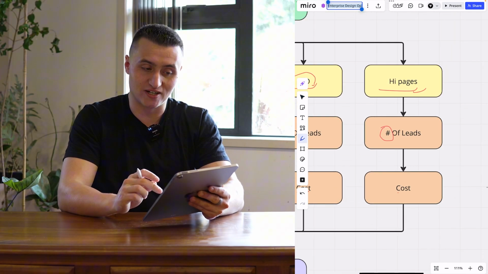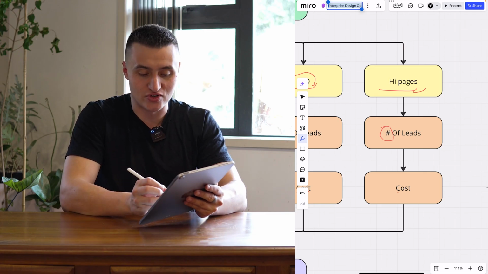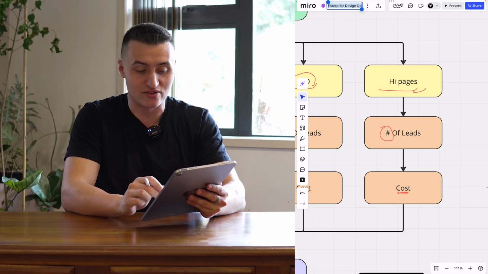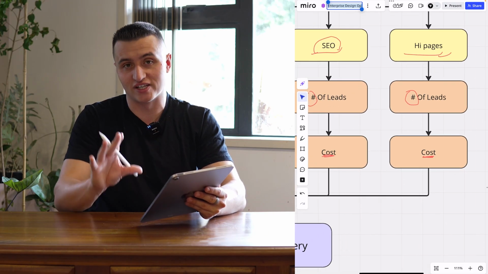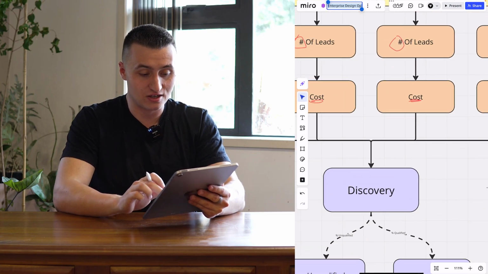HiPages typically charge you per lead, and that cost typically doesn't go down. So you have to strongly consider what you actually spent on HiPages for the month, how many leads you got, but more importantly, how much you actually closed. We'll get to that in a second.